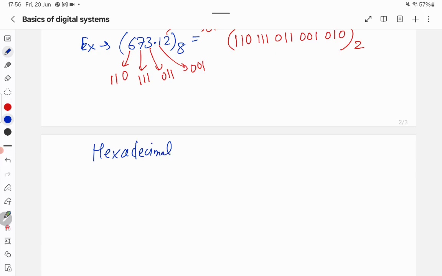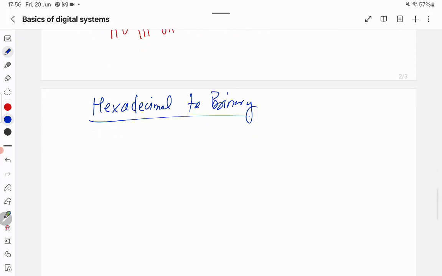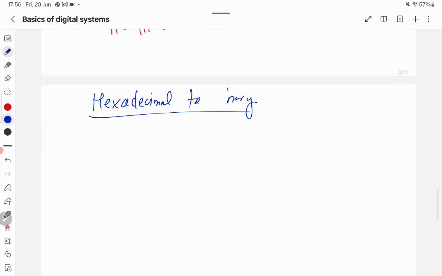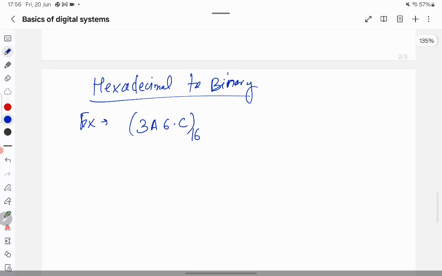So if we see another one, from hexadecimal to binary. Let's see an example: 3A6.C, this is the hexadecimal representation. How will you write?